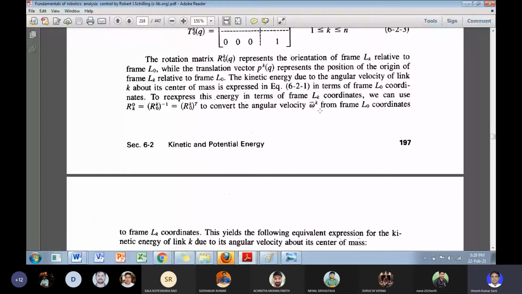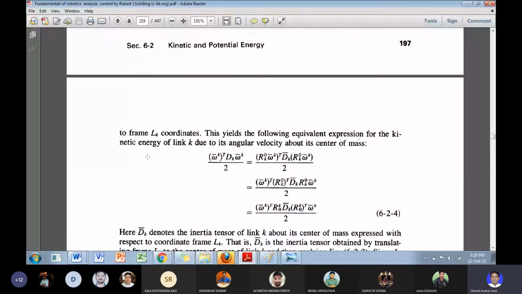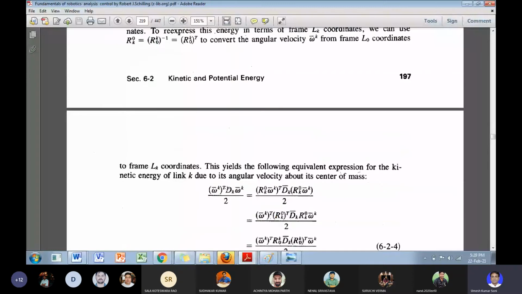Okay, so the inertia tensor of link k is defined by dk, and this is defined with respect to base.